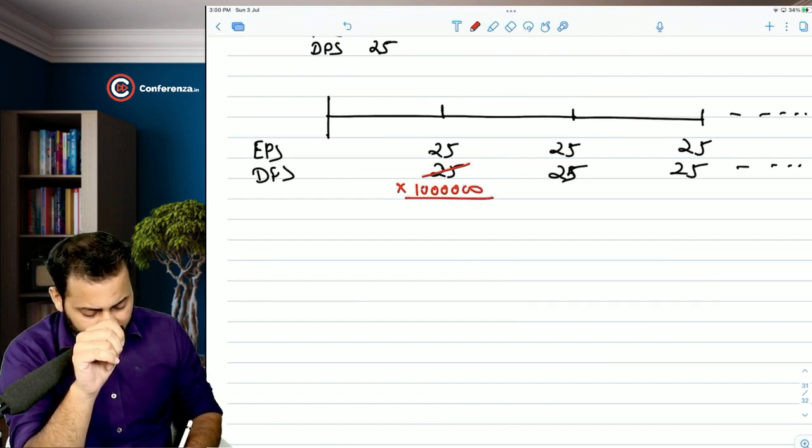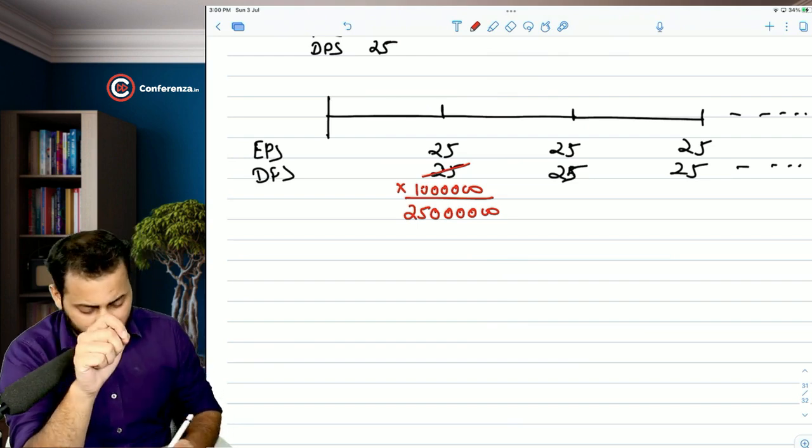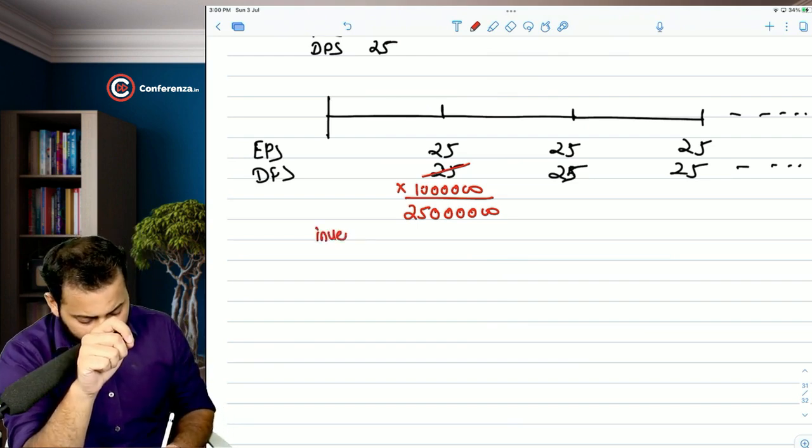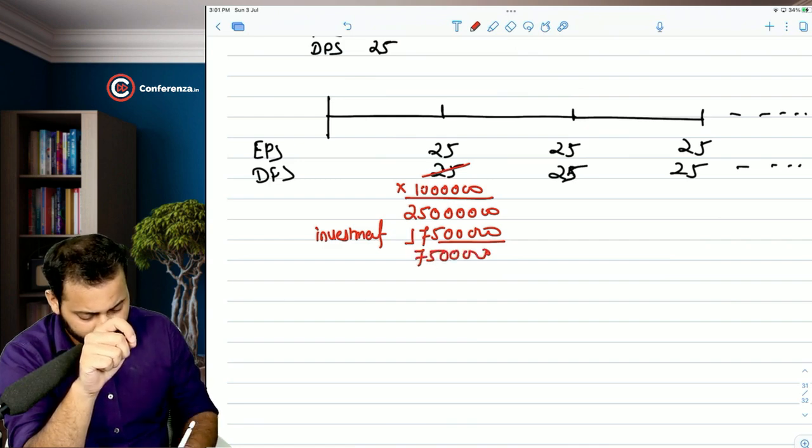So the total earning every year is 10 lakhs into 25, that is 250 lakhs, that means 2 crore 50 lakhs. Out of that, at the end of the first year, you make an investment worth 1 crore 75 lakhs. The balance left with you will be 75 lakhs in earnings.